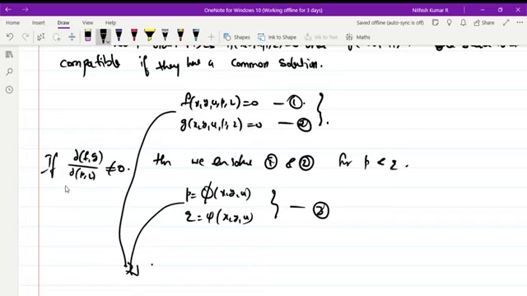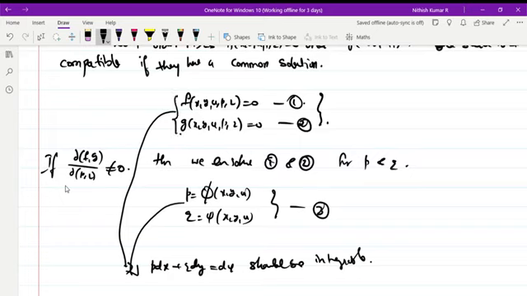The condition that the pair of equations 1 and 2 should be compatible reduces then to checking the integrability of p dx plus q dy equal to du.